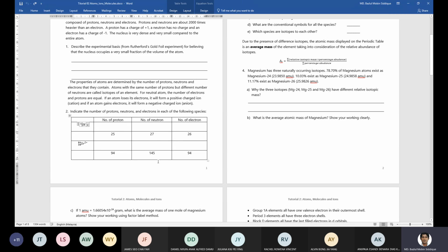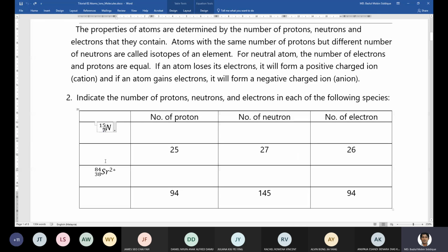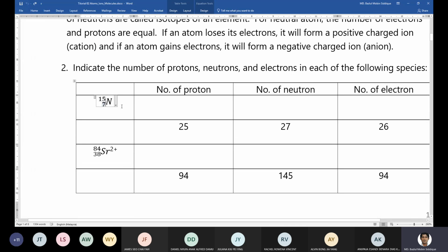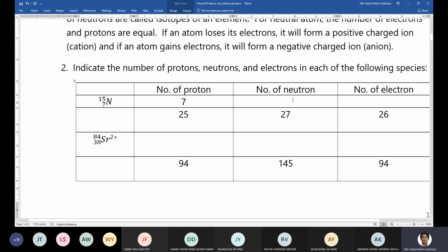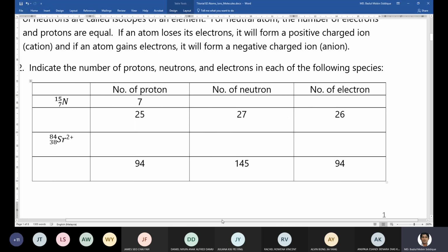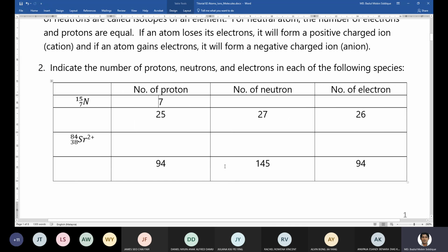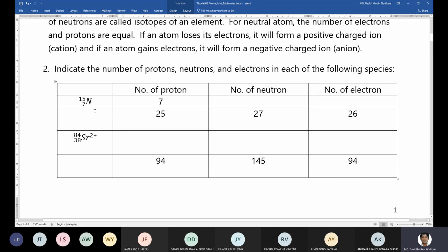So here, when we say nitrogen 7 and 15, that means there are 7 protons here, and proton number is like a passport or identity number, so we cannot fake it or change it. So the protons are 7, so there should be 8 neutrons to make it 15, right?